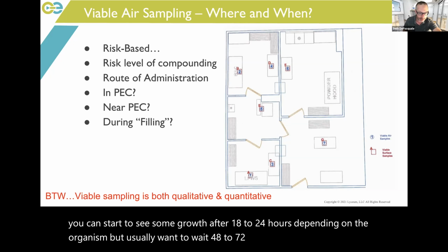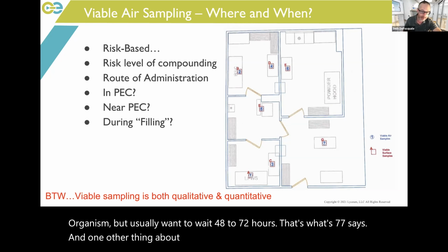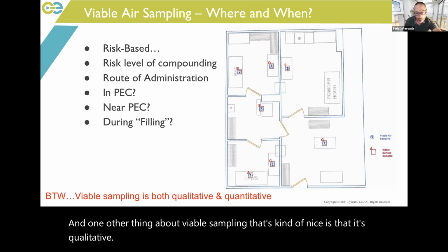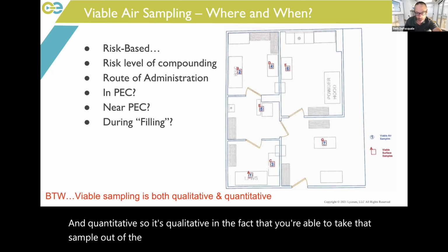That's what 797 says. And one other thing about viable sampling that's kind of nice is that it's qualitative and quantitative. So it's qualitative in the fact that you're able to take that sample out of the incubator. If there are colony forming units, or CFUs, on the sample, you can send that off.